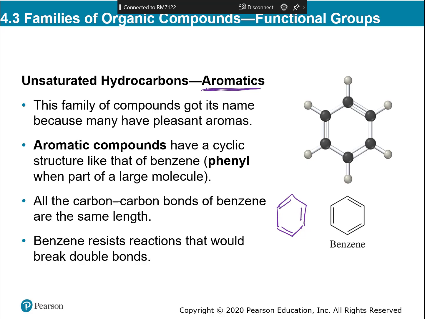It's fine, it's just every other. I've also seen it drawn like this. So just know those are all exactly the same. I'll try not to draw it with the circle, but sometimes they'll put it in books and not describe it. But really this is very stable because each of those bonds acts like it's 1.5 bonds.